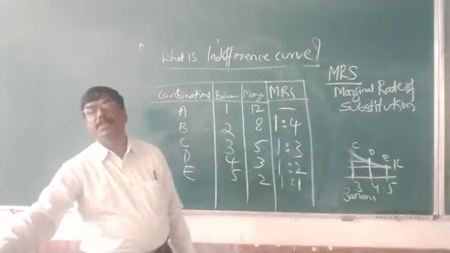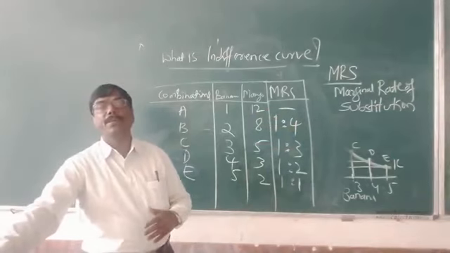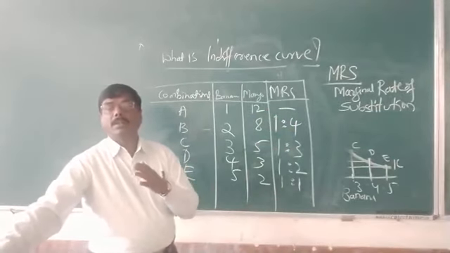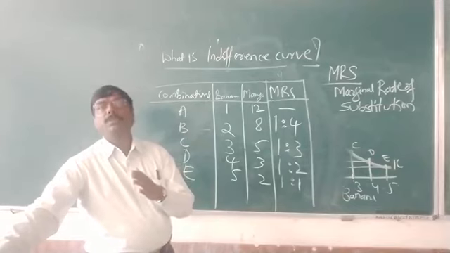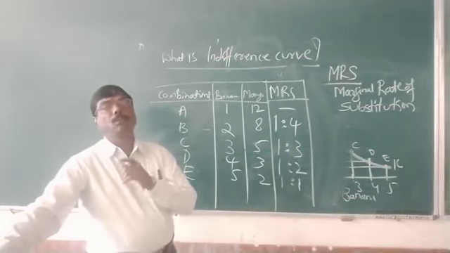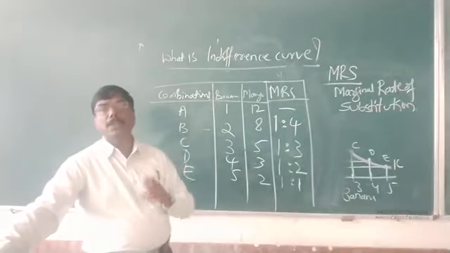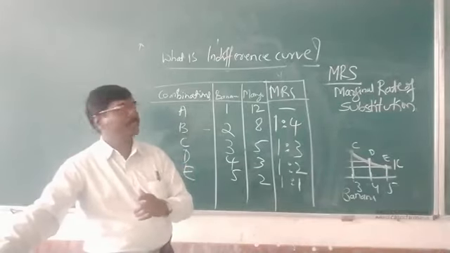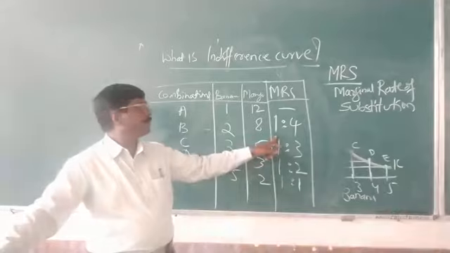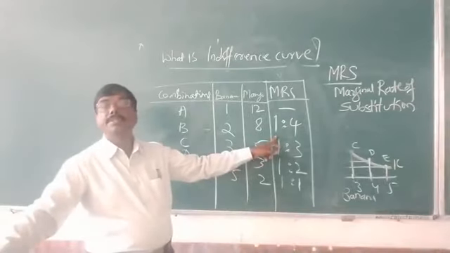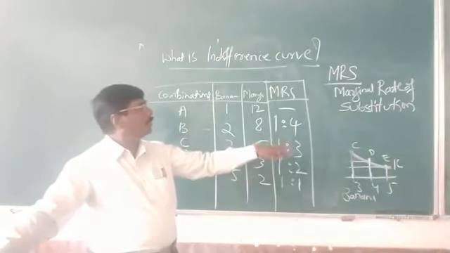Marginal rate of substitution refers to how much quantity, if a consumer wants to consume more quantity of a commodity, he has to sacrifice, he has to be ready to give up the other commodity.